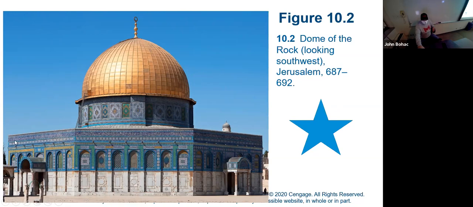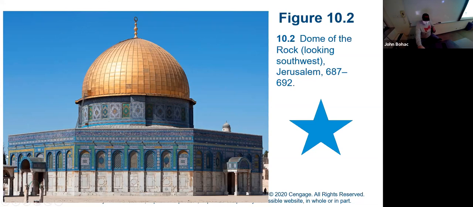And we have this shape, you can't see it this way, but this is an octagon. And an octagon is the shape of the chapel of San Vitale in Ravenna, one of the things that Justinian built.